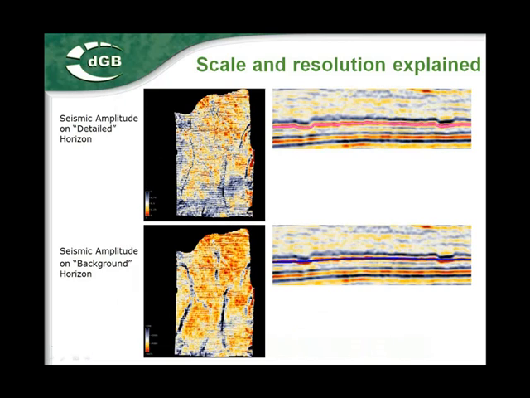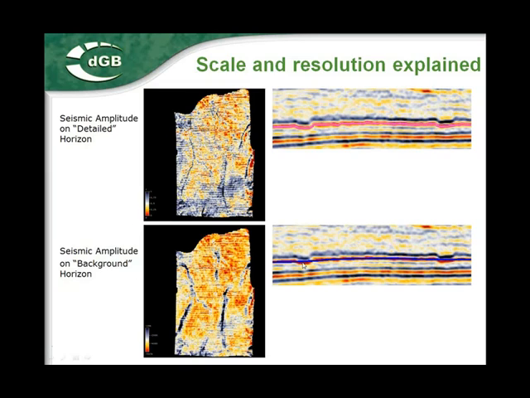So what happens if we display an amplitude-based display on the horizons? If I do that on a very accurately tracked horizon, the detailed horizon, I do see those features coming back, but they're not that clear, not jumping out, and they're not visible everywhere.